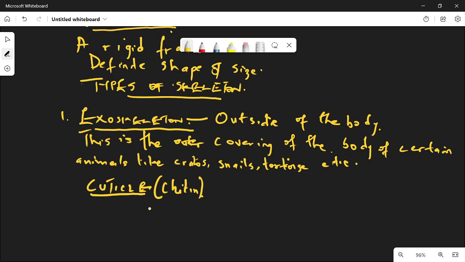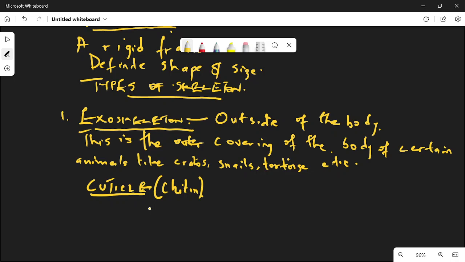People pronounce it chitin or chitin or something, but I pronounce it chitin. Now, what do you refer to as chitin? It is a proteinous substance that has some hardened mineral salts like phosphates and carbonates of calcium.